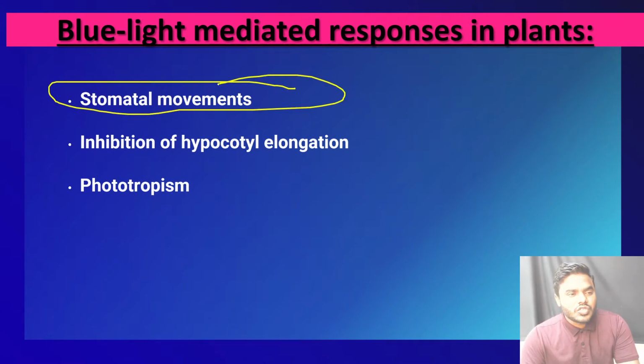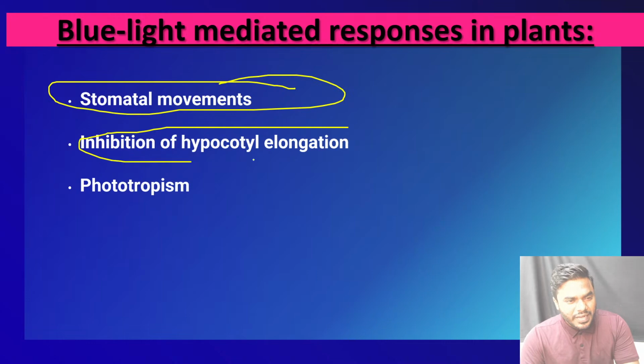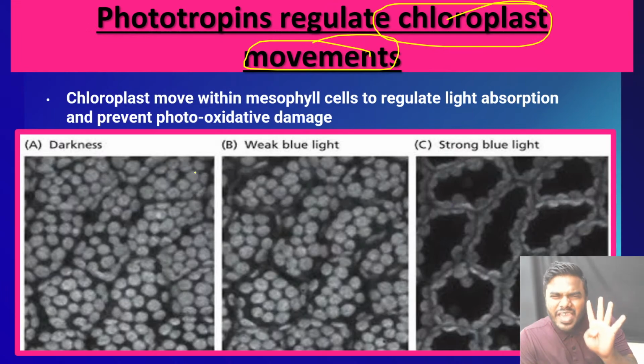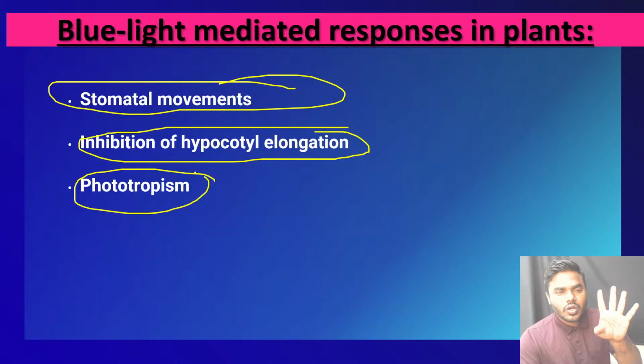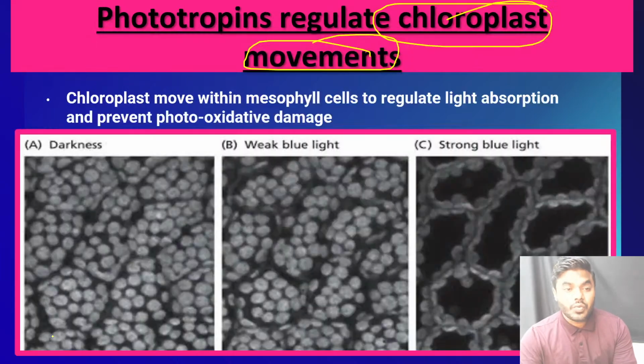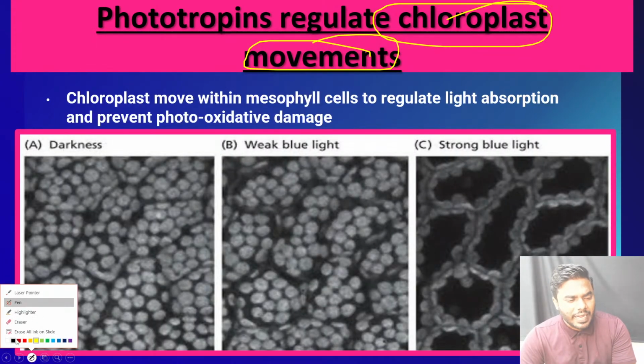Phototropins are involved in stomatal movement, in the inhibition of hypocotyl elongation, and in phototropism. These four are the major functions: chloroplast movement, stomatal movement, inhibition of hypocotyl elongation, and phototropism. Now we are going to discuss them one by one very elaborately.